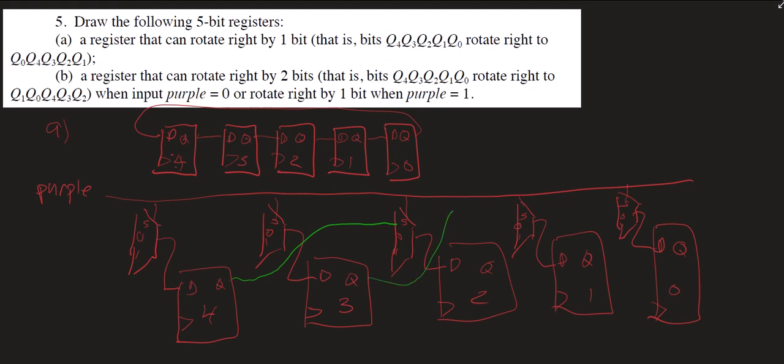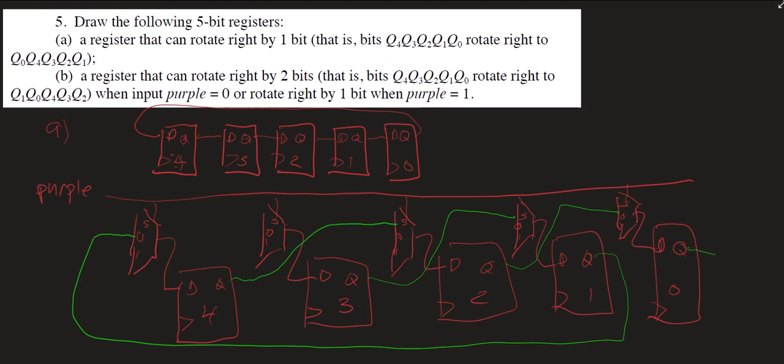The 3 is going to go to the 1, and it's going to the 0 because this is supposed to be what happens when purple is 0. The 2 goes to the 0. The 1 has to go back around and go to the 4.